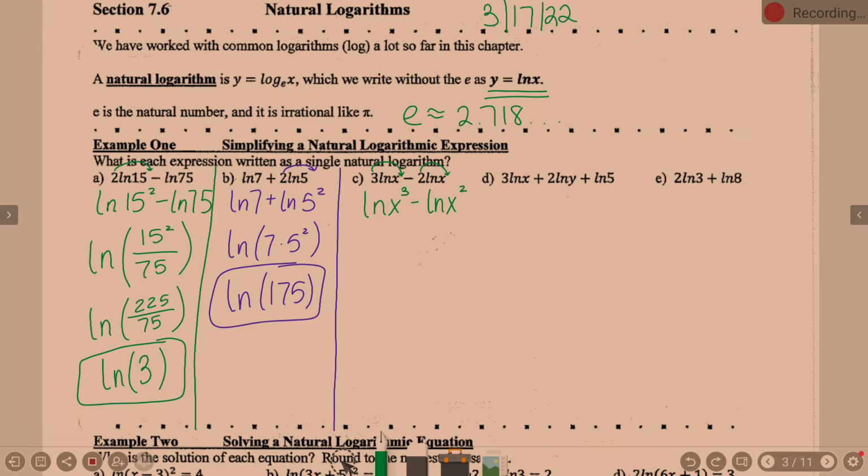Now what? Two logs being subtracted can be rewritten as 1 log where the insides are divided. So natural log of x cubed over x squared.